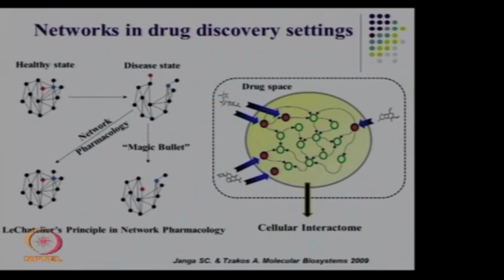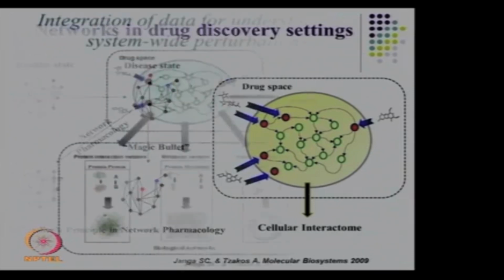Perturbation of one cannot be seen in isolation, it has to be seen in the context of other perturbations. A combination of these perturbations is going to yield a phenotype which we hope can treat the complex disease. That is the concept behind this idea of network pharmacology.